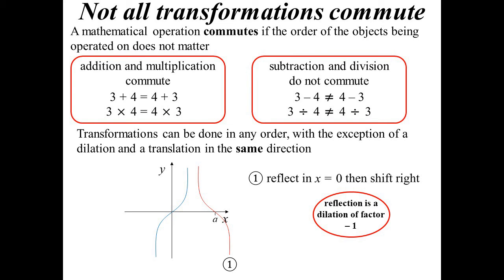So that's another way of thinking of a reflection. That's why we were saying yesterday, remember, reflection before translation. That's because the reflection is really a dilation, and dilation and translations don't commute. So the order is important. Now, number 2 over there would be if we shifted it first and then reflected. So we get different graphs depending on the order there.